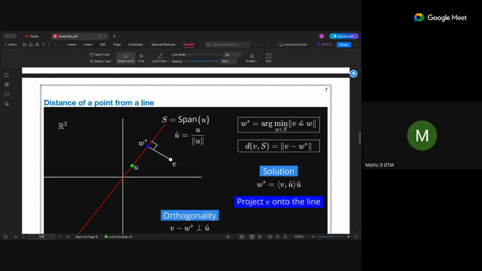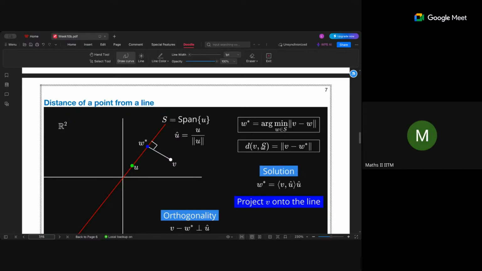The one which gives the smallest distance is your w star, and that is the foot of the perpendicular of v on s.